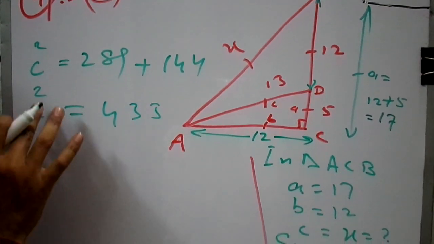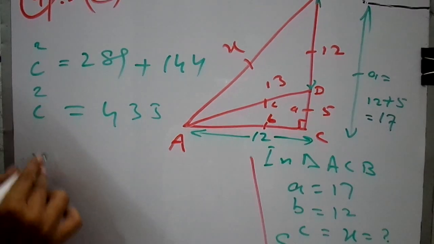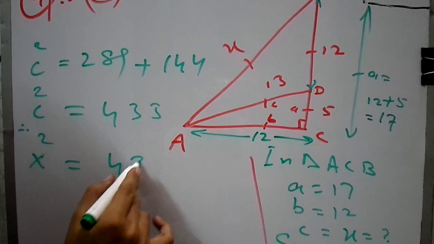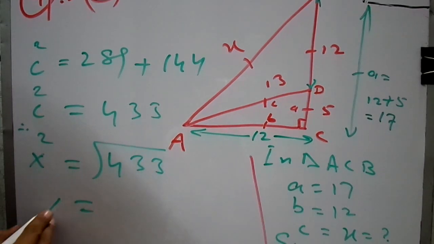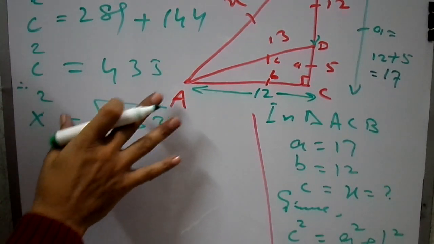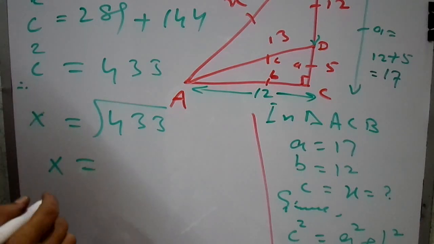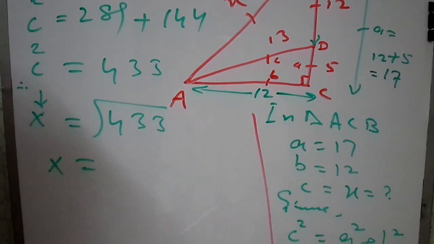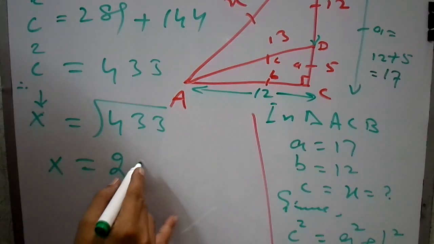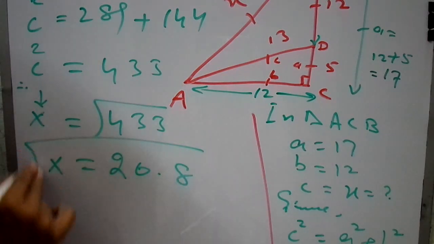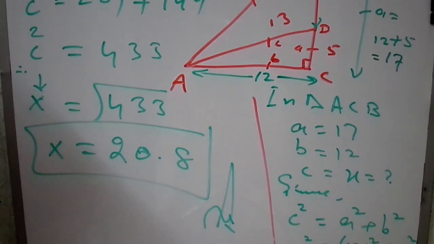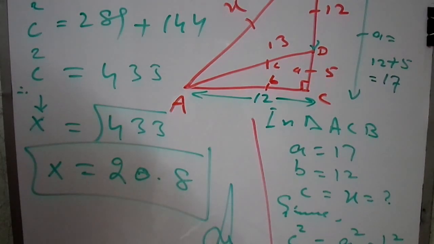But you need X, so X is equal to 433 under root. So the value of X, it will give you 20.8. So the value of X is 20.8. So that is your result.